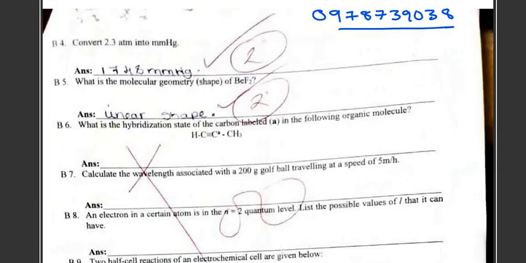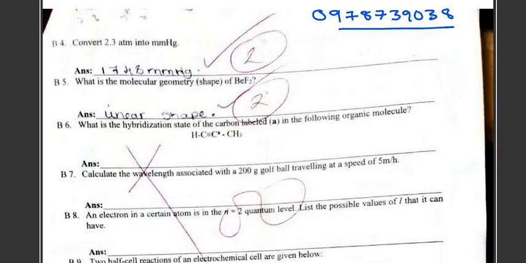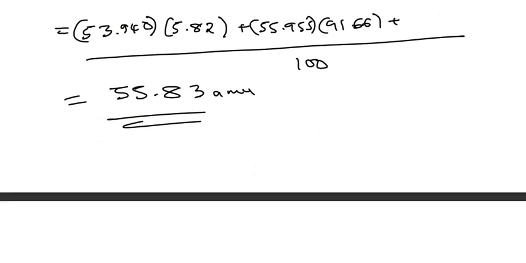Then here we're having number 4. We're saying convert 2.3 atm to millimeter mercury. So we want to convert this. On the unit conversion here, they told us to say 1 atm is equal to 760. They gave you this, and we're trying to convert 2.3, right?